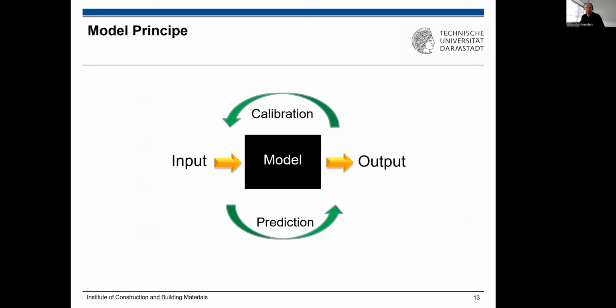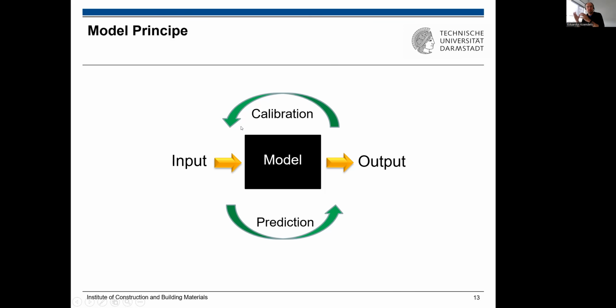So what is left, if you don't consider that? What is left is only a model with input and output. If you go from the input to the output, you can do a prediction. In this direction, you can do a prediction. And the other way around is what you need for your calibration.